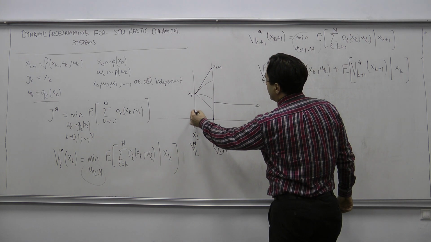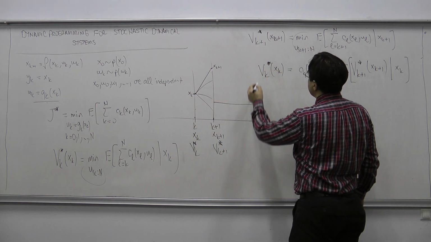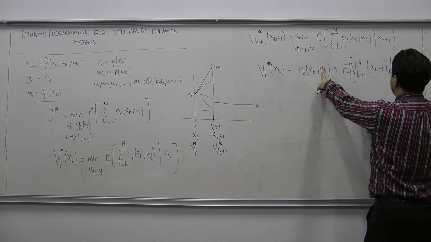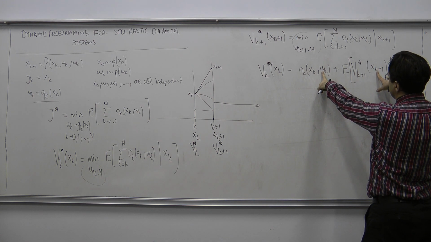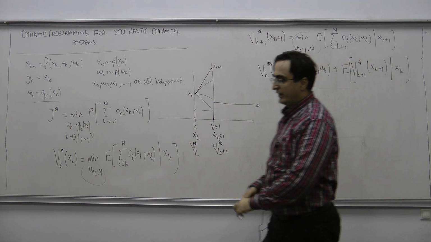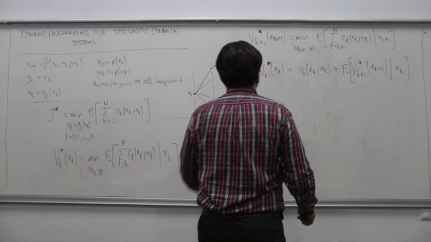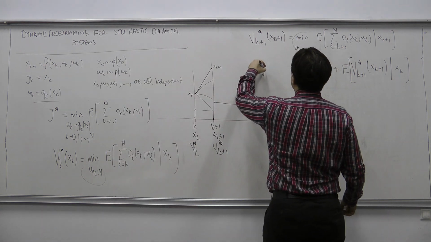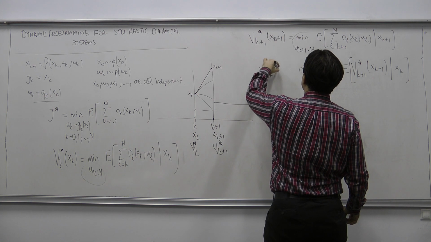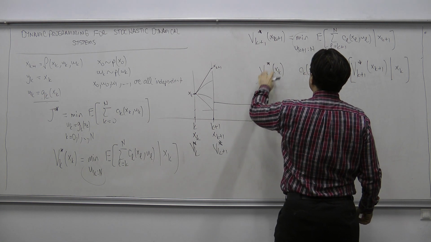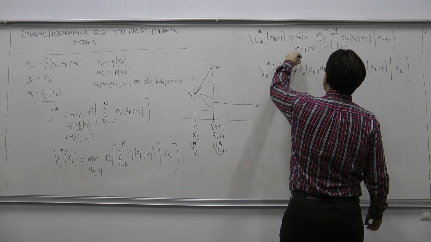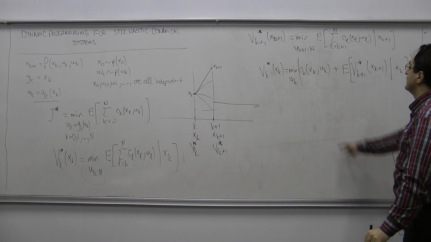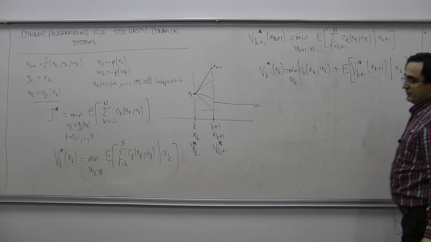So when I try to write vk star, we see that there is a uk dependence here, and in xk plus 1 there is also uk dependence. So in order to complete this story, the only thing that I have to add here is vk plus 1 star, sorry, vk of xk is equal to the minimum with respect to uk of this quantity.